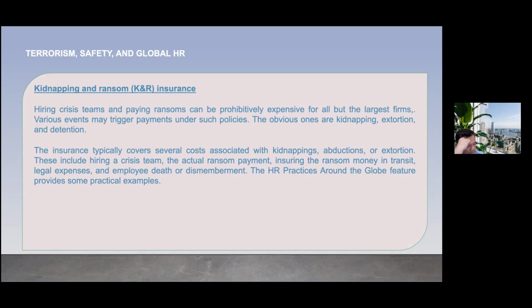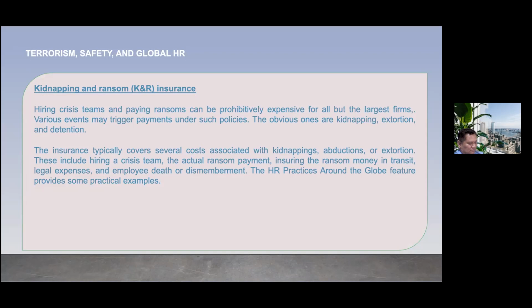Various events may trigger payments under such policies. The obvious one is kidnapping. For instance, the employee is a hostage until the employer pays a ransom. Another one is extortion or threatening bodily harm, and detention, which is holding an employee without any ransom demand.